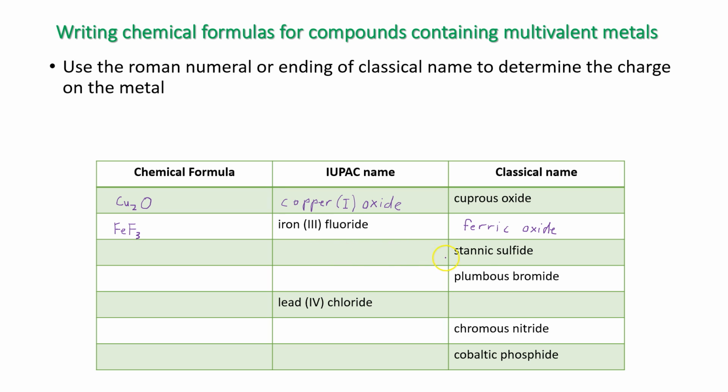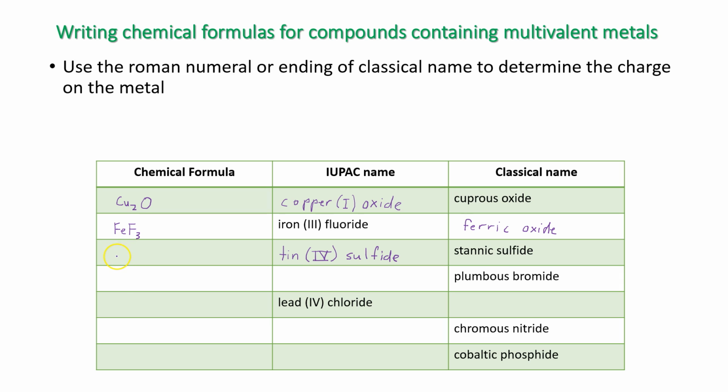Going on to the third one, stannic sulfide. Stannic is tin, and there are two forms of tin: stannous and stannic. Stannous has a +2 charge, and stannic has a +4 charge. So this would be tin 4 sulfide.